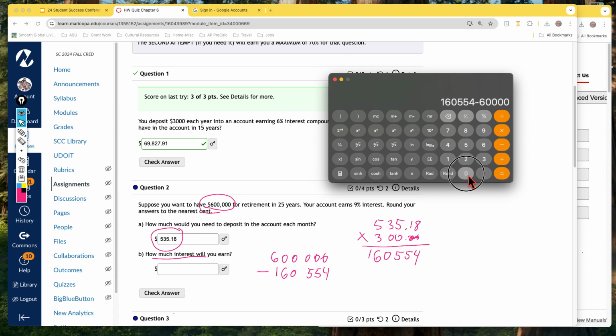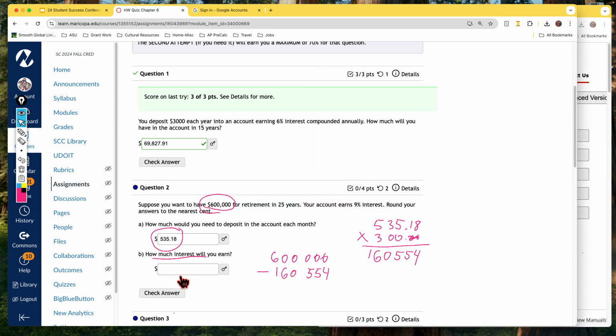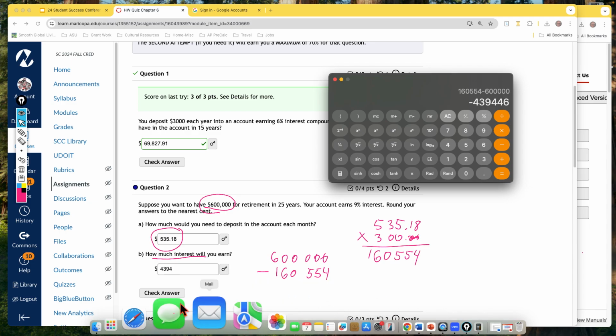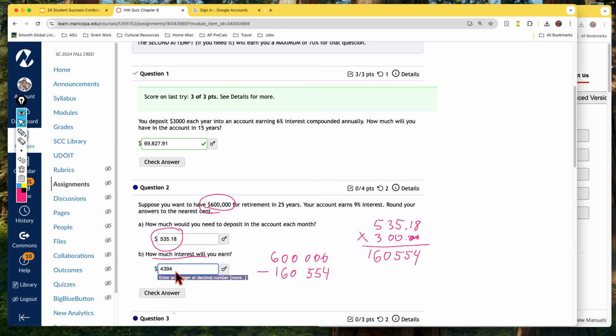We're going to get a negative value, but we know we can sort of ignore that. The difference is 439,446. $439,446 or 36? Anyone remember? 46. 446.